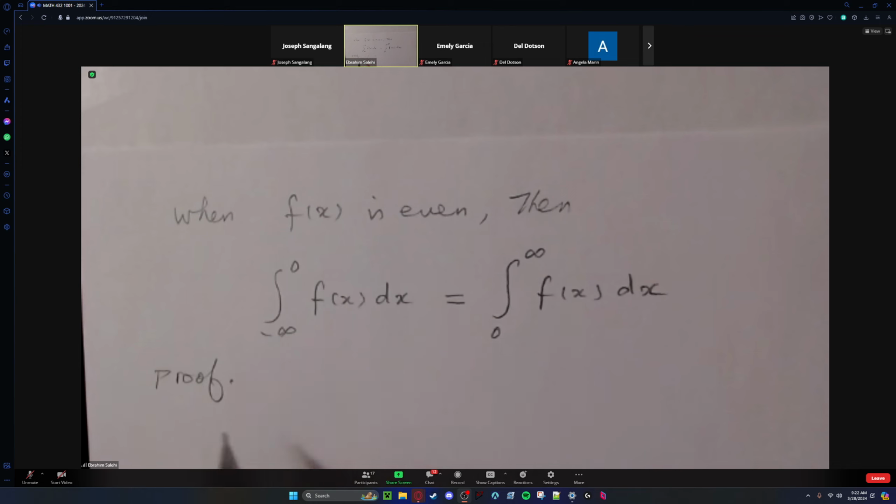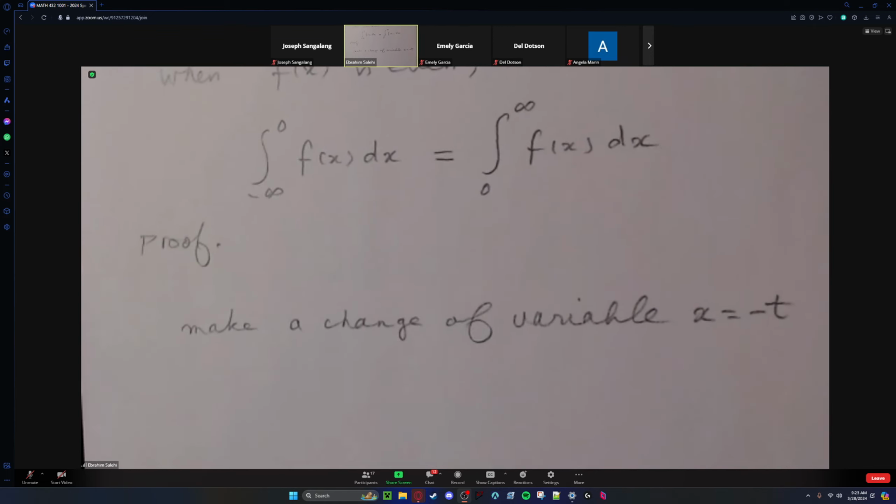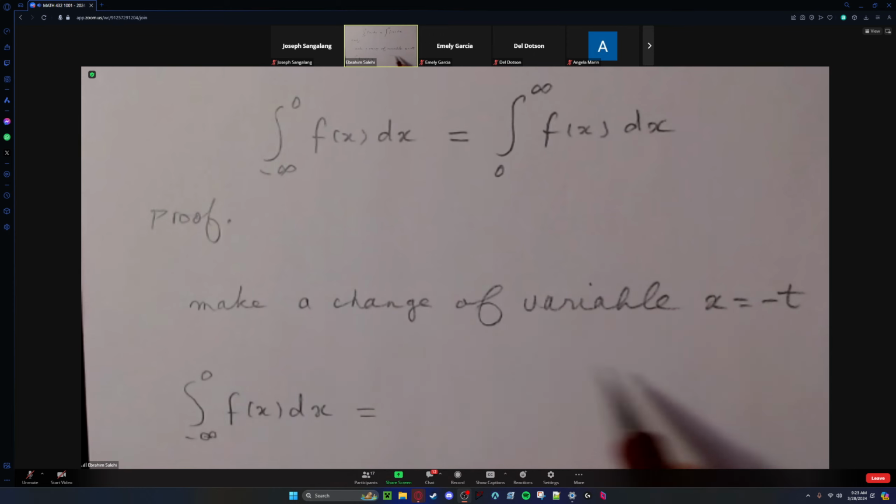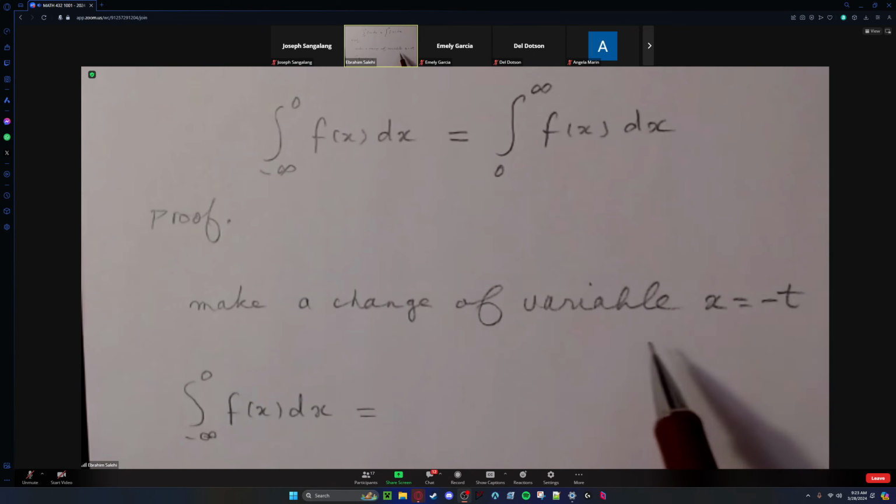In this one, make a change of variable, x equals negative t. Then negative infinity to 0 of f of x dx becomes, now when x is negative infinity, t becomes infinity, right?